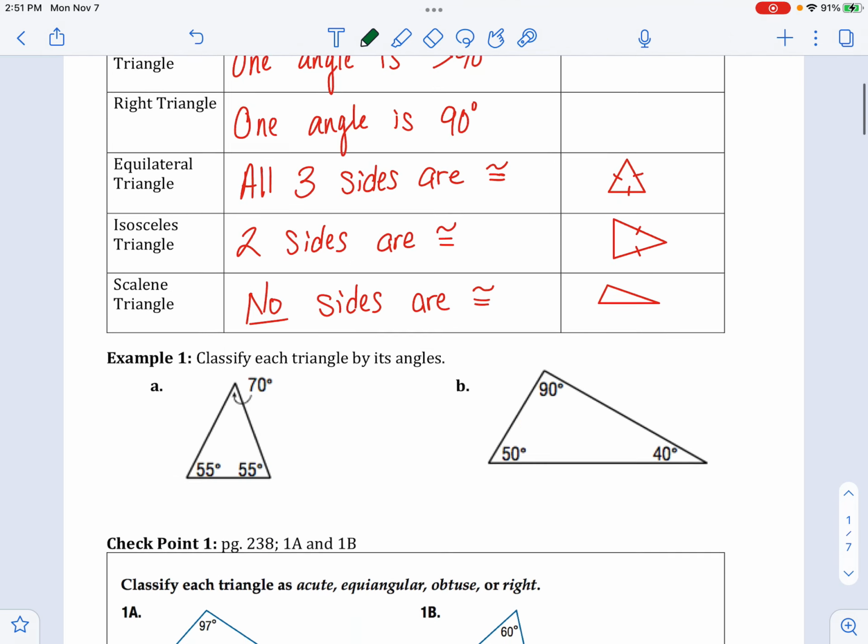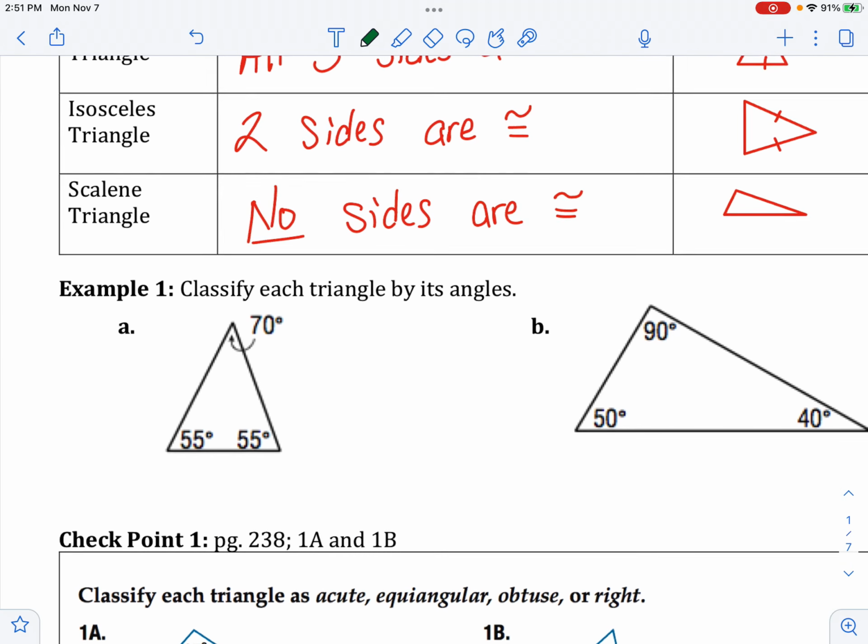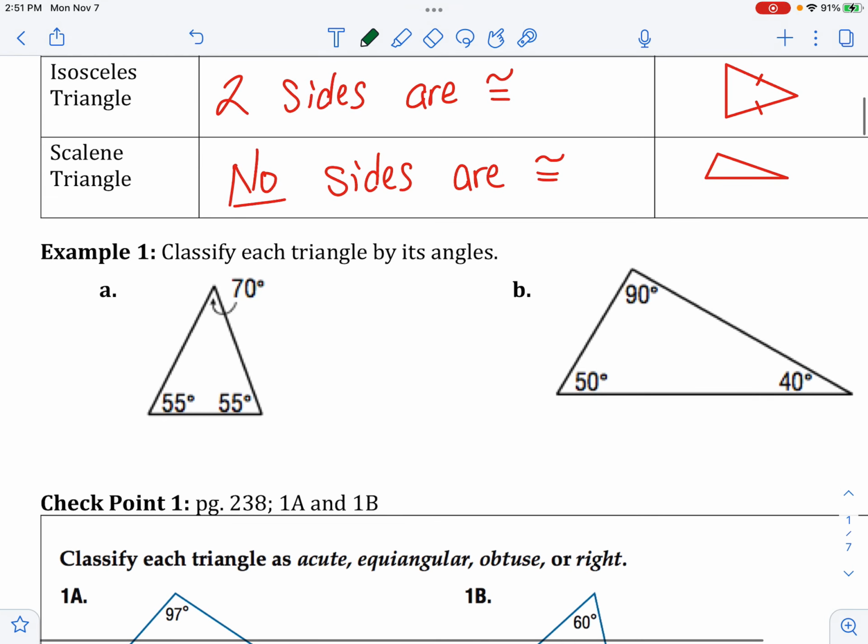All right, so now that we got our definitions written down, quick note that for isosceles triangles, some textbooks will say that an isosceles triangle has at least two congruent sides, and some will say that it has exactly two congruent sides.